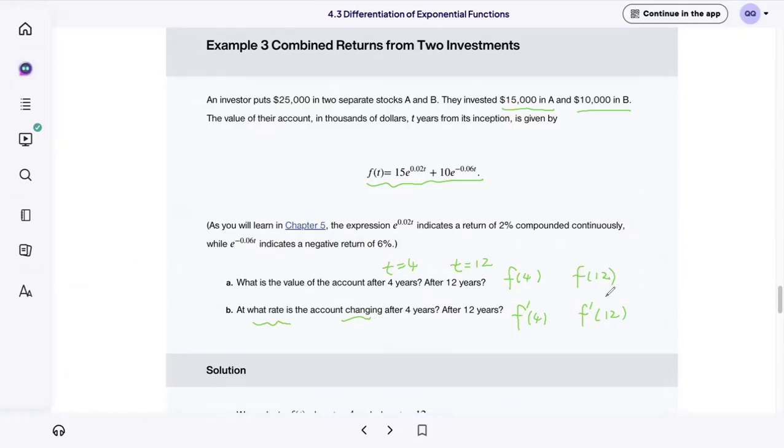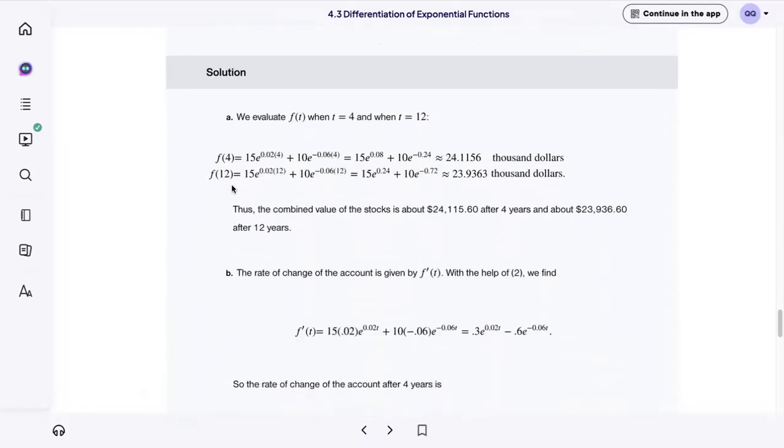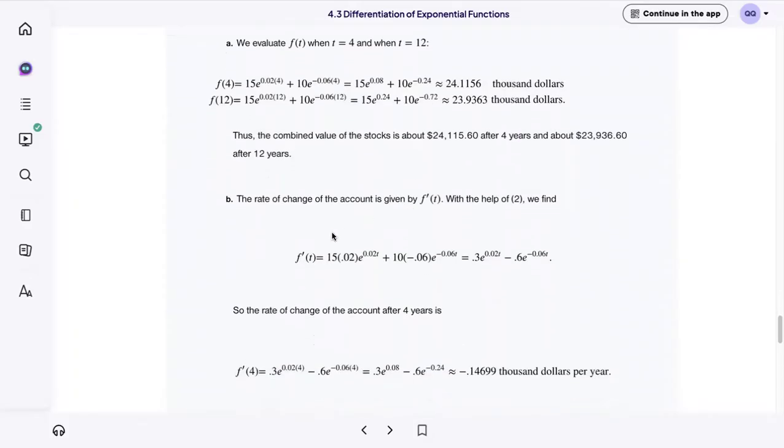Let me just follow the textbook so I can skip some calculations. For f of 4, just plug in 4 for t. After calculation, we get about $24,000. After 12 years, about $23,000. But part B is talking about the rate of change, so the derivative.